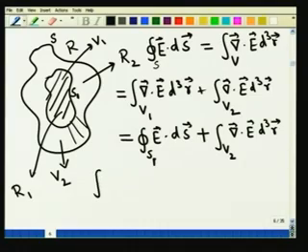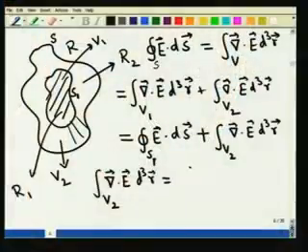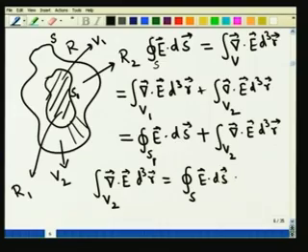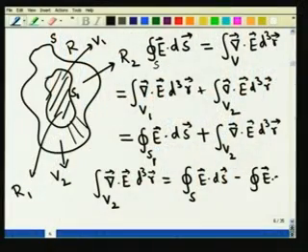That is nothing but the integral of divergence E d cubed r over V2 is equal to the surface integral over S of E dot ds minus the surface integral of E dot ds over S1. In writing these integrals, we should remember both S1 and S have to be taken to be outward normal.